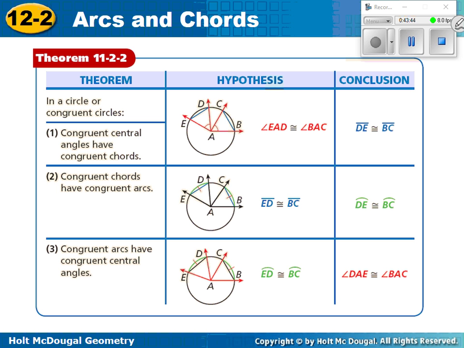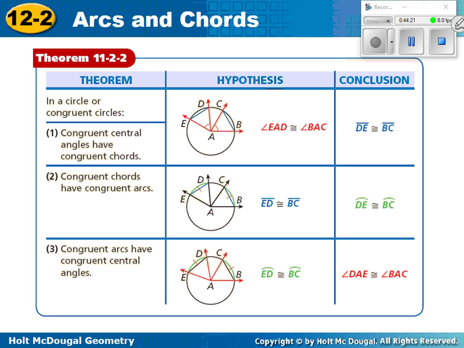Everybody with me? If you have 2 angles that are both central angles, and those 2 angles are congruent, this theorem says not only will the angles be congruent, but the arcs will also be congruent, and not only just the arcs, but also the chords that are formed will be congruent.